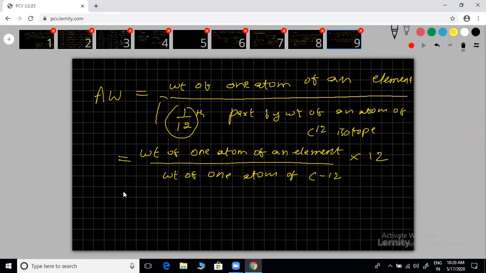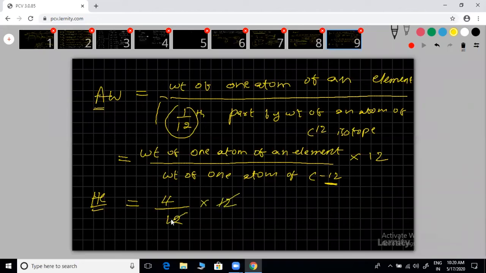Now we are going to calculate. For example, I need the helium atom weight. Weight of one atom of helium is 4, divided by the weight of one C12 atom, which is 12, multiplied by 12.